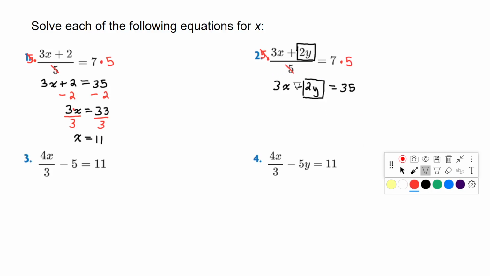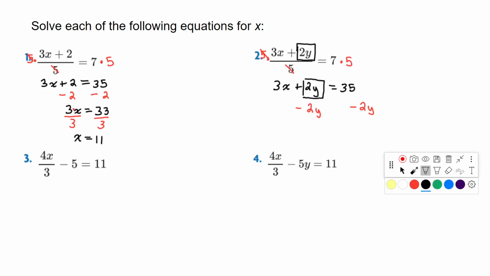So I want to undo that addition by subtracting 2y on each side. Now, unlike number 1, I can't subtract 2 from 35 because this is a term that is 2 times y. That's a different term than the constant 35.